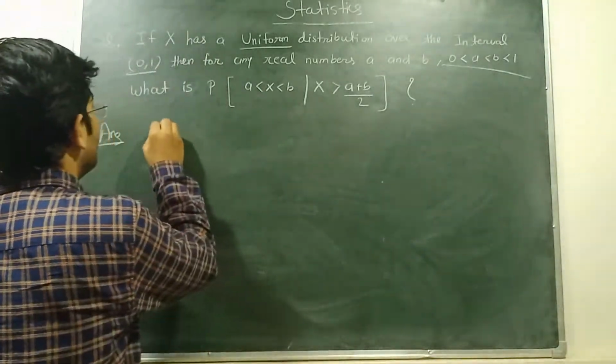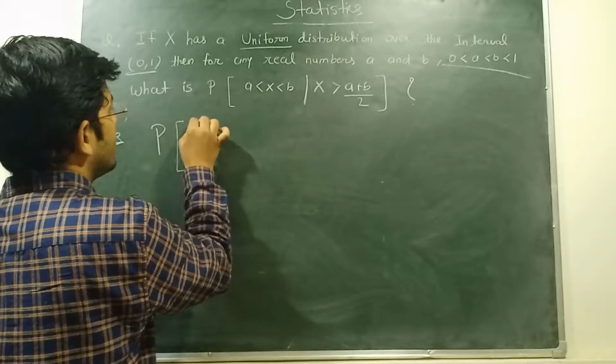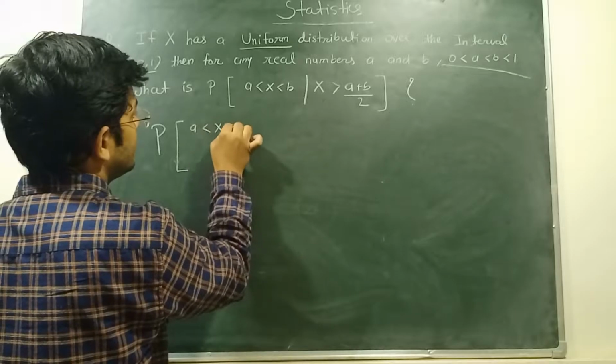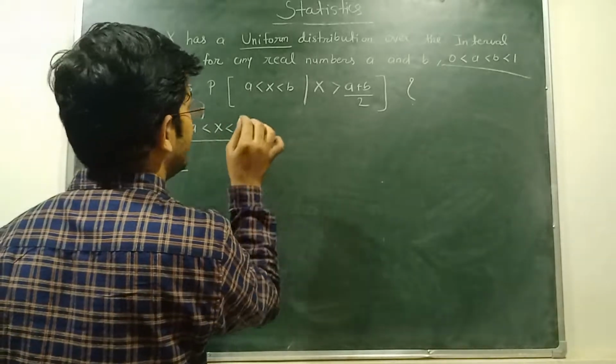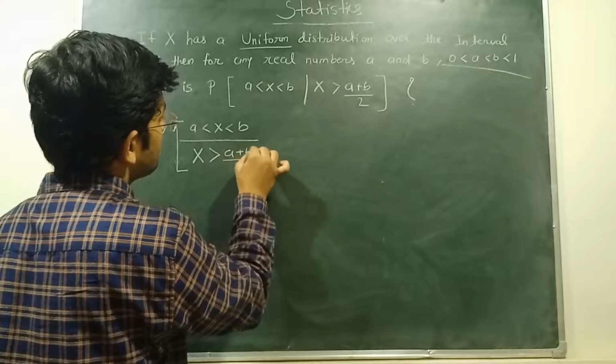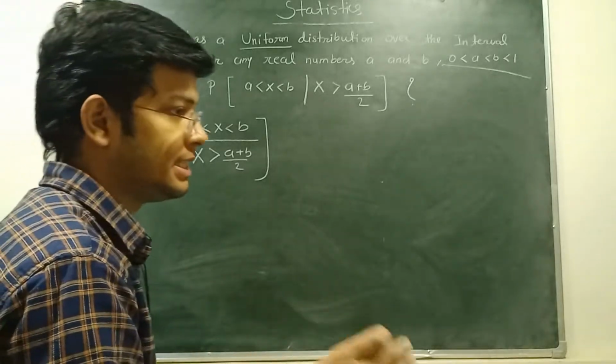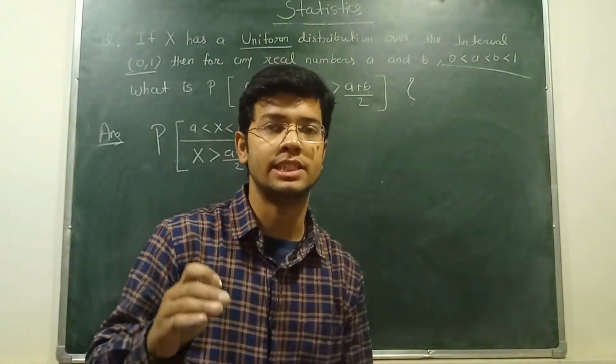Firstly, we are given this term, so just write it down. This is called the conditional probability.